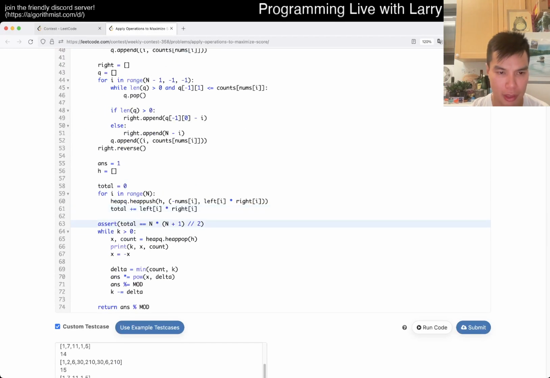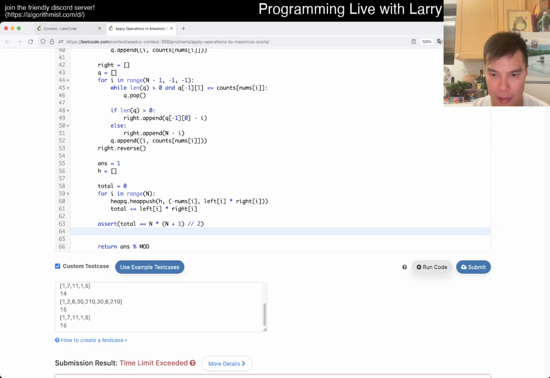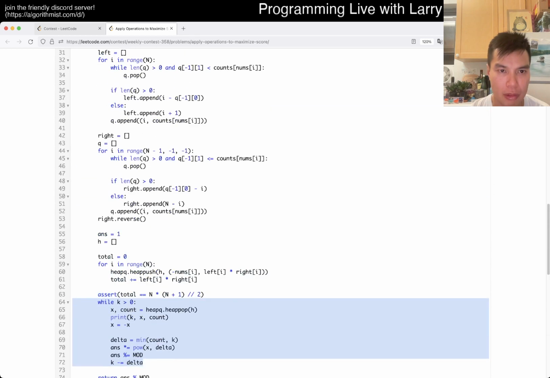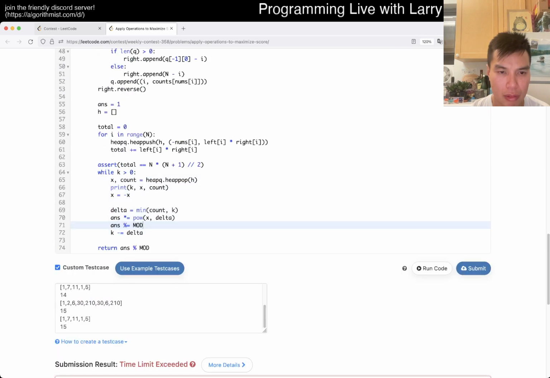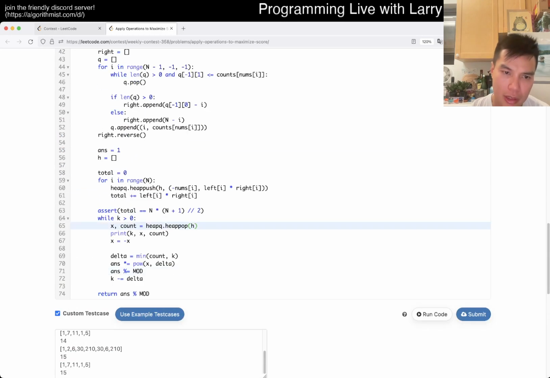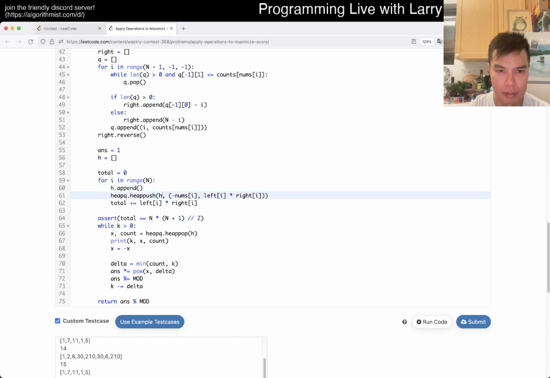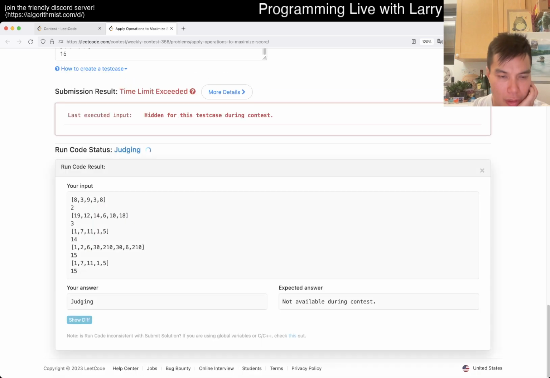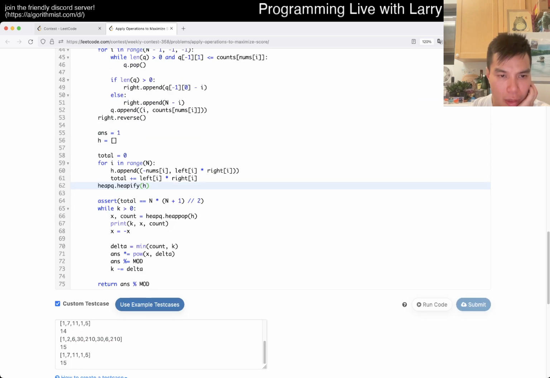Like, if I get rid of this, is it fast? Yeah, I mean, it's reasonable. Why is it so slow? Do I do something funky? It's just 100,000 heap, right? But that doesn't even matter, the heapify. I don't get it.